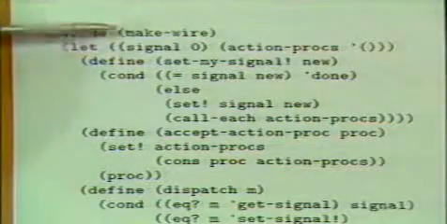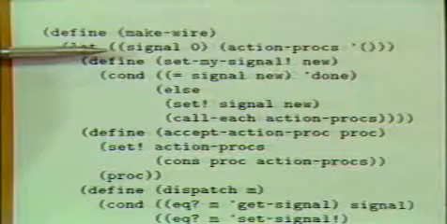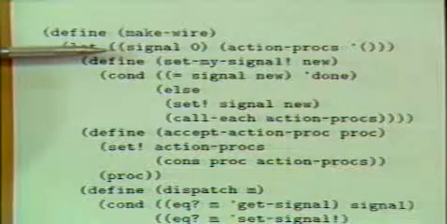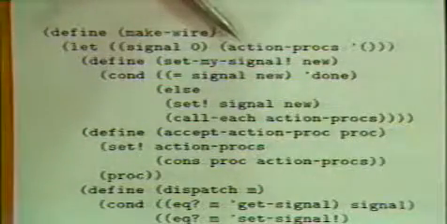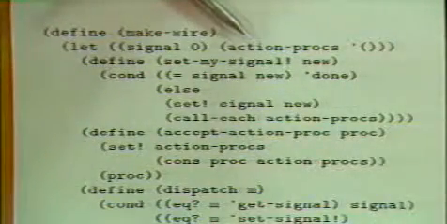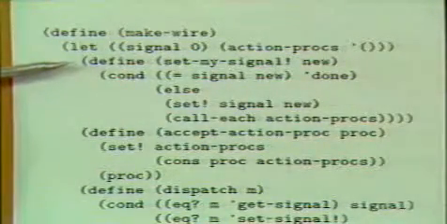In other words, when we call make wire to make a wire, then the first thing we do is we create some variables, which are the signal and the action procedures for this wire. In that context, we define various procedures.